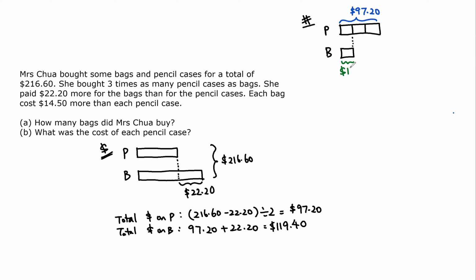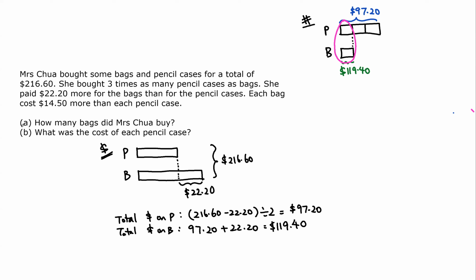Now, it doesn't mean that it has some relationship with pencil cases in this manner. We're not going to do a comparison like this, but what we can do is to do a fair comparison. We're going to take 1 unit of pencil cases versus 1 unit of bags and do the cost comparison.